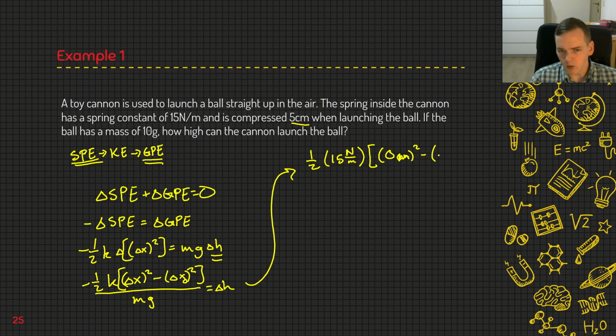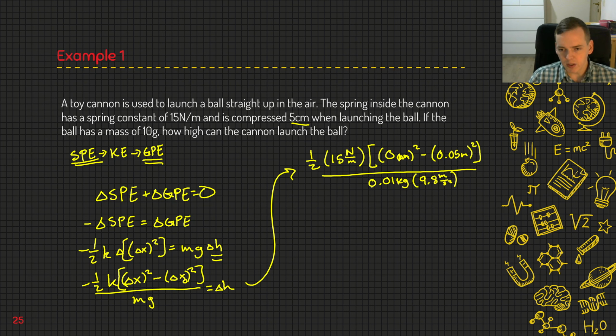The initial was 5 centimeters, so 0.05 meters squared, divided by 10 grams, which is 0.01 kilograms. And g is 9.8 meters per second squared.